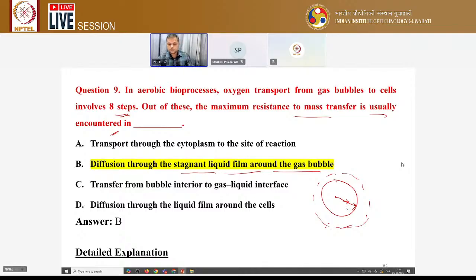Then it crosses the second step, and then in the third step it is crossing the liquid film. Here it is facing the film resistance, and that contributes to the maximum mass transfer resistance. So step 1, step 2, step 3.